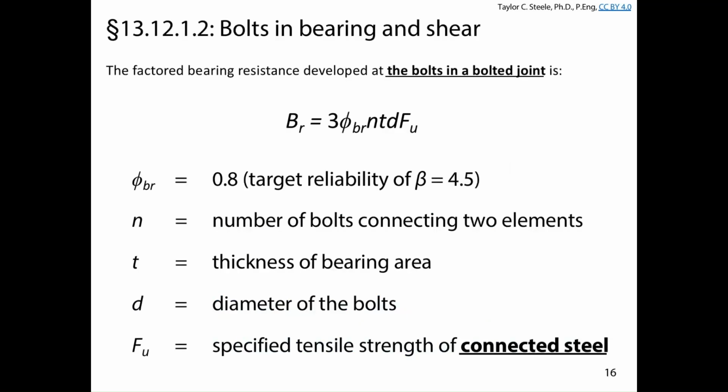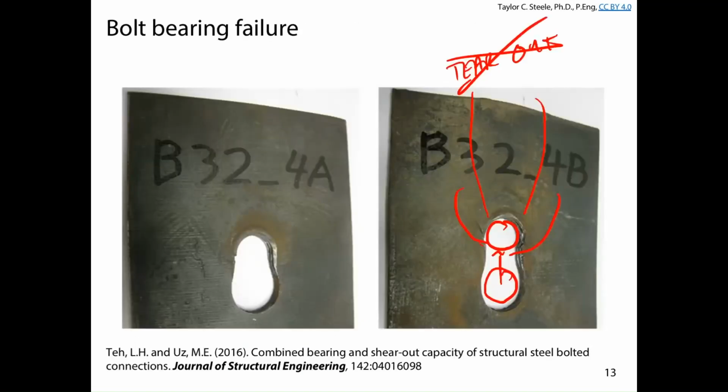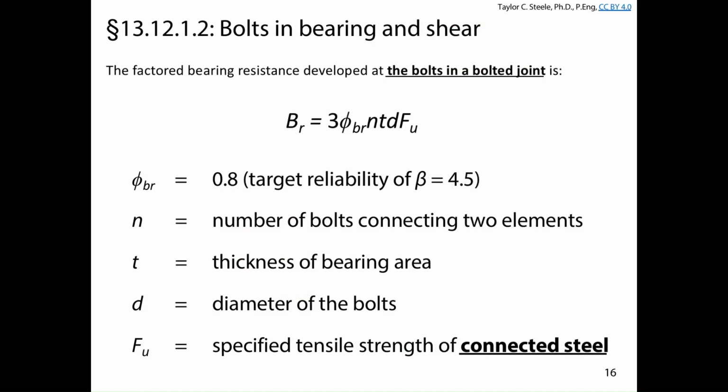If we're looking at bearing, basically this is the failure of the steel material. All right, so if we've got a certain number of bolts bearing on the holes, this is a single bolt hole, for example, with a single bearing area. We've got a thickness of that plate, and the stress is going to develop over the width of a single bolt. So what we're going to see here in this expression is the number of bolts, which makes sense if we've got more bolts in bearing.